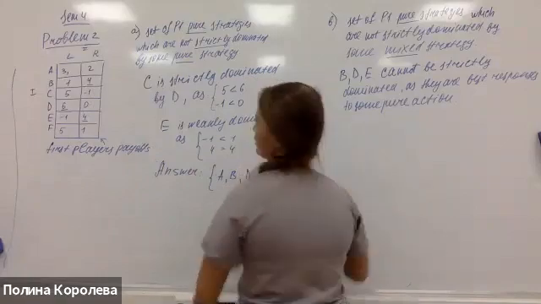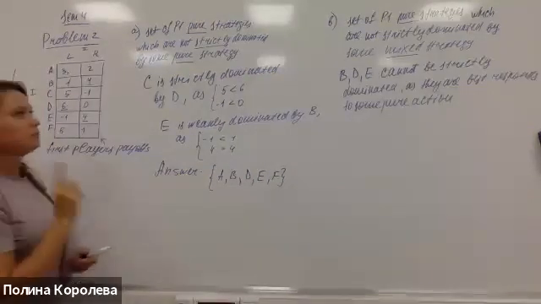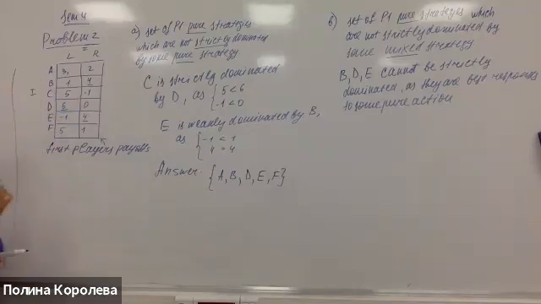So then, what else? We should check A and F. They are the last. Let's check A. If we find some mixed strategy that is better than A, then A will be strictly dominated by some mixed strategy. So let's mix some strategies.